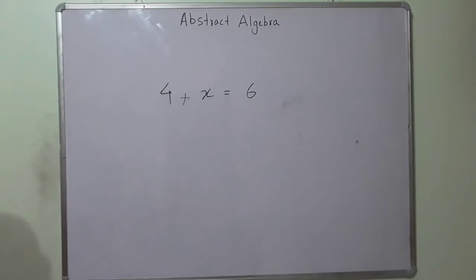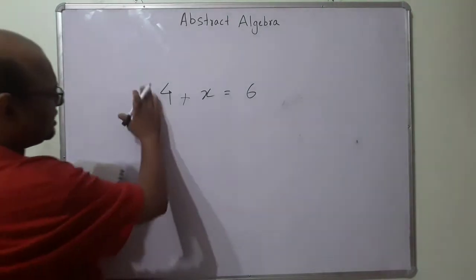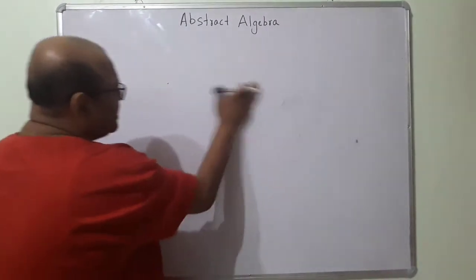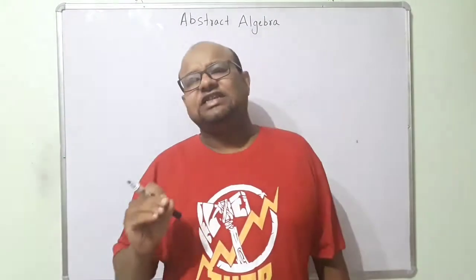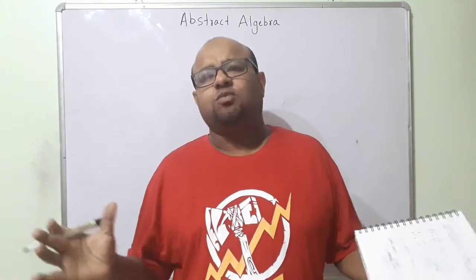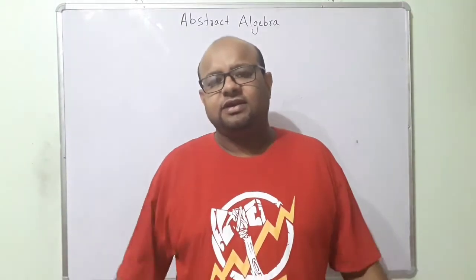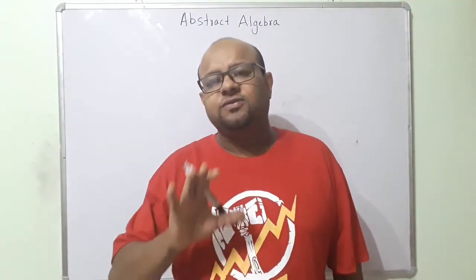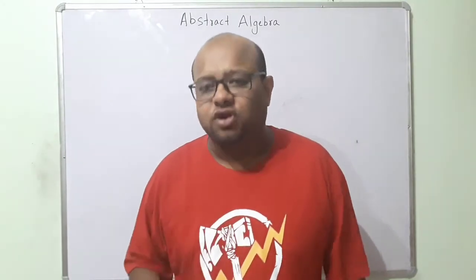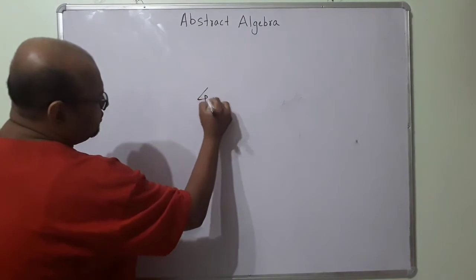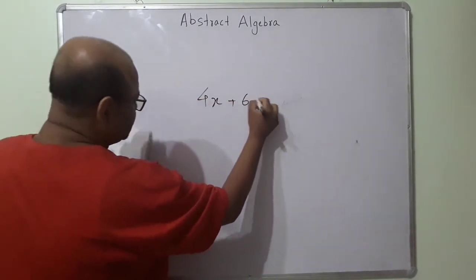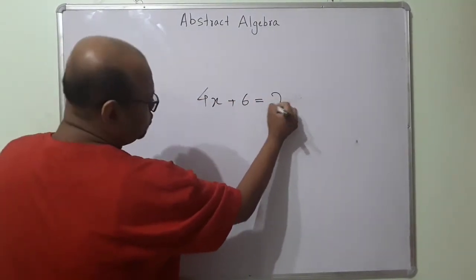Now we are going to study abstract algebra. The concept of what is abstract or modern, this is also called modern algebra. Different things were modern at different points of time. For example, I have this equation, 4x plus 6 is equal to 2.